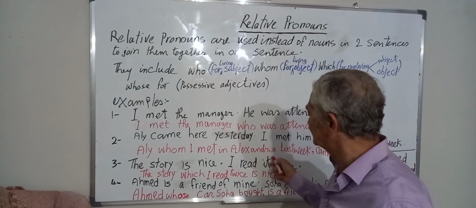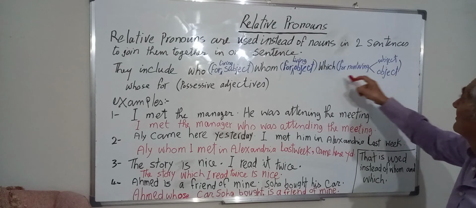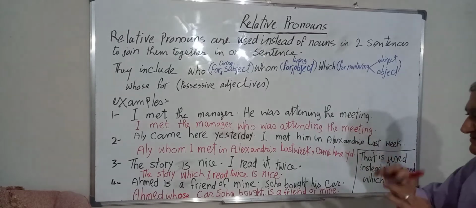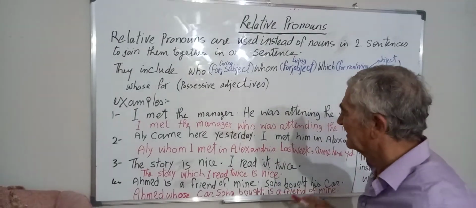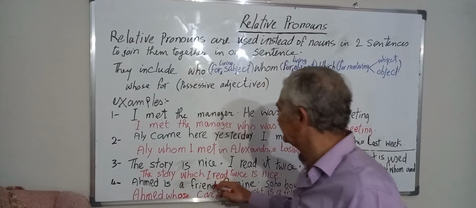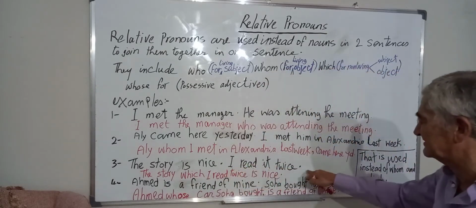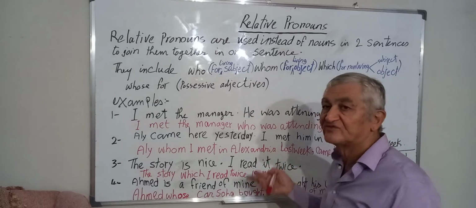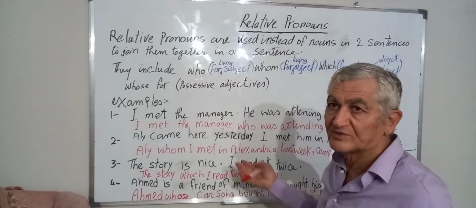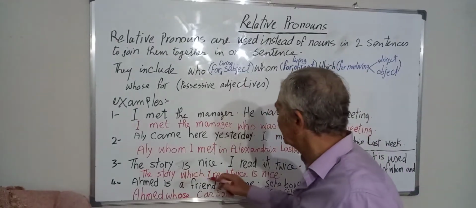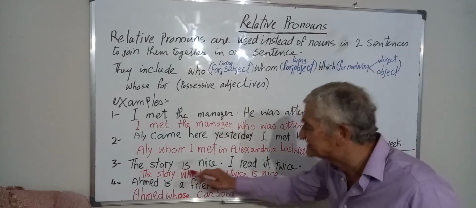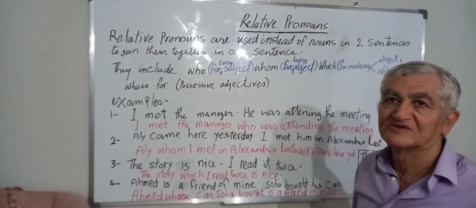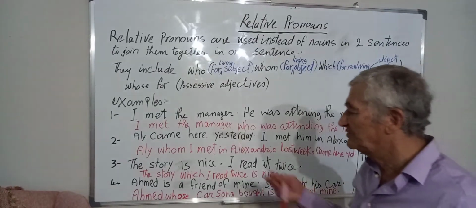So I will choose which for non-living things, either subject or object, the same. So the story which I read twice, and of course I removed it because I used the relative pronoun. The story which I read twice, what is nice? I came back to the remaining part in the first sentence to complete the new sentence.